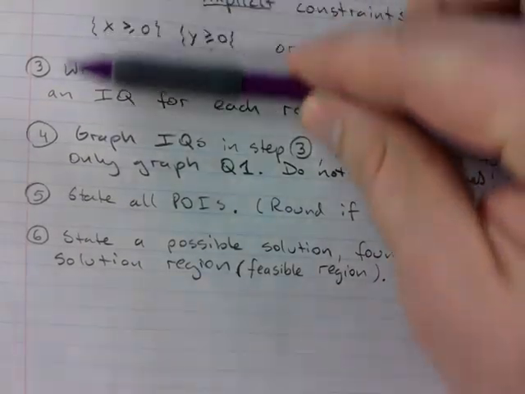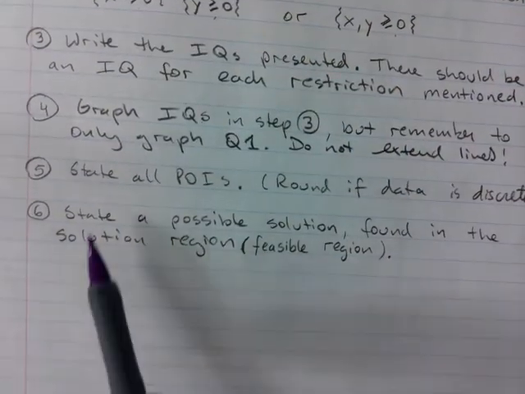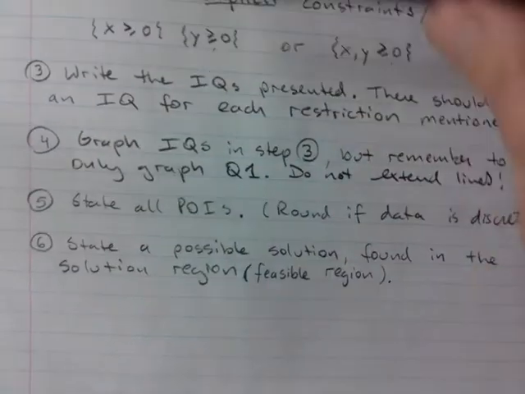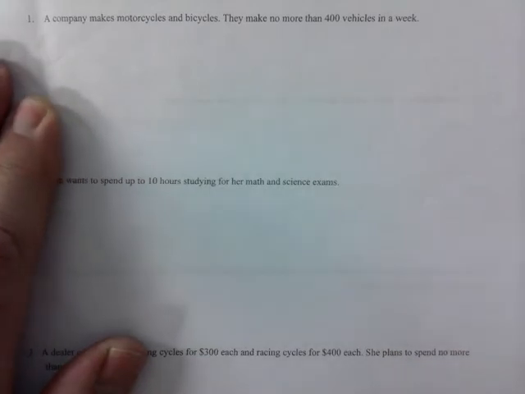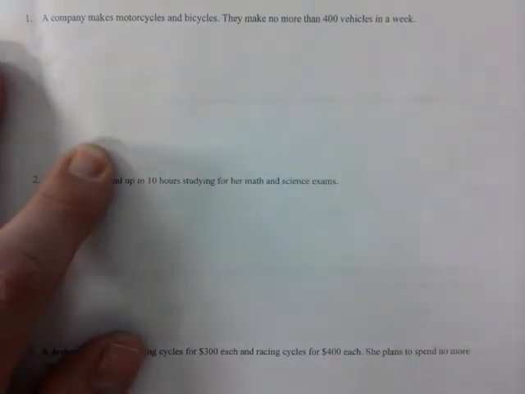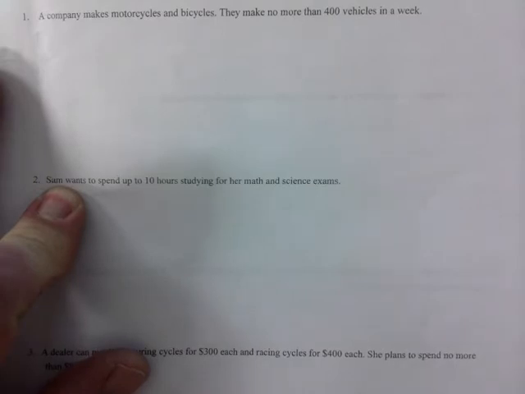Basically, what you need to do is all of this to be able to finally state a possible solution. You need to go through these steps. But I will most likely on a test or a quiz guide you through them anyways. I'll say, hey, here, write the inequalities, define them, right? So you get marks for each individual step. So you don't have to worry too much about memorizing the whole thing, but it's just to know, okay, if nothing was said, then that's what you need to do, okay?